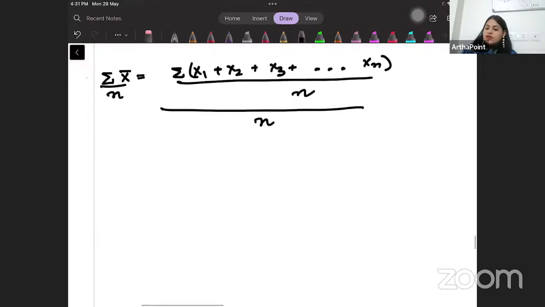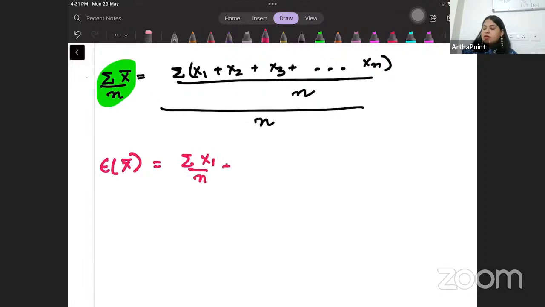This is the mean of x bar. This is the expected value of x bar. So what will this become? Summation x1 by n plus summation x2 by n plus summation xn by n.